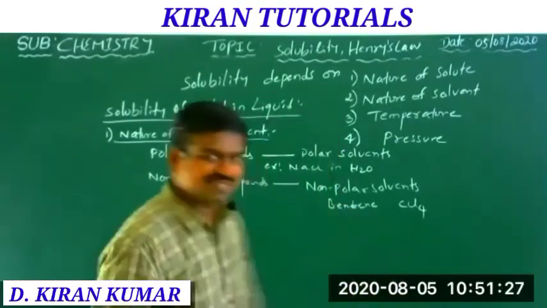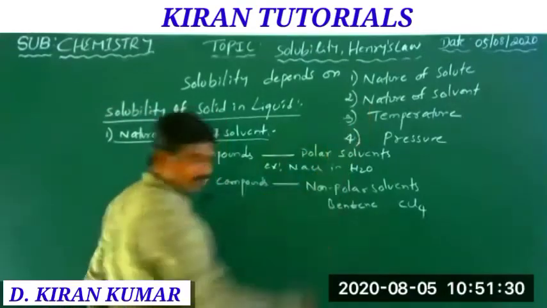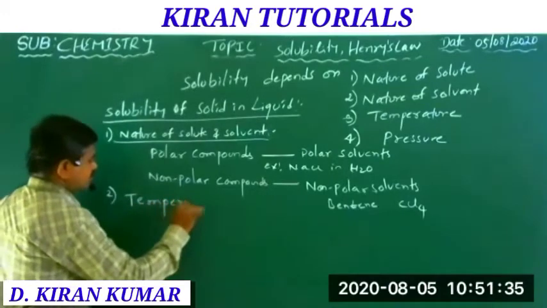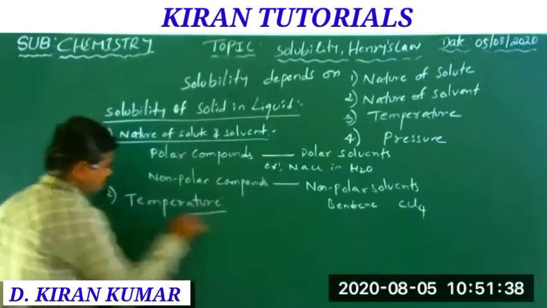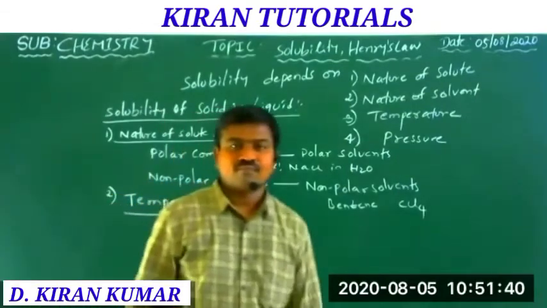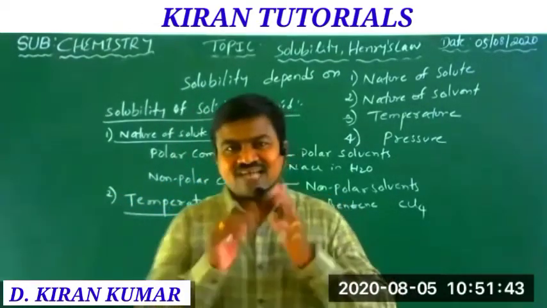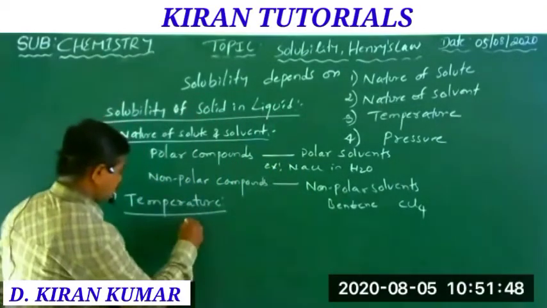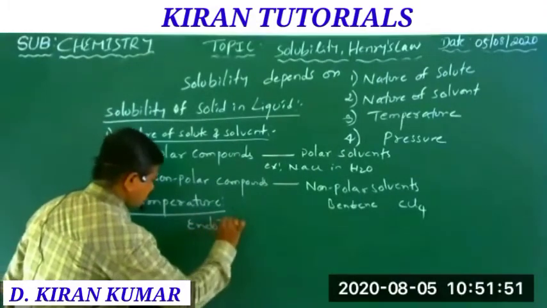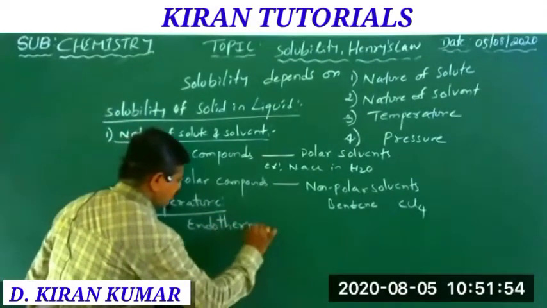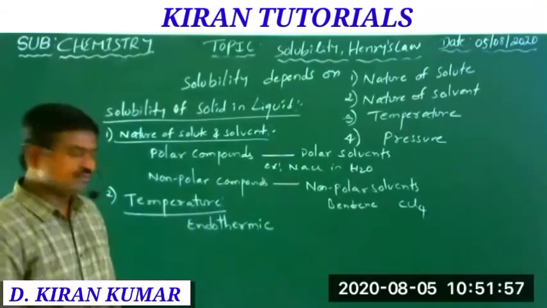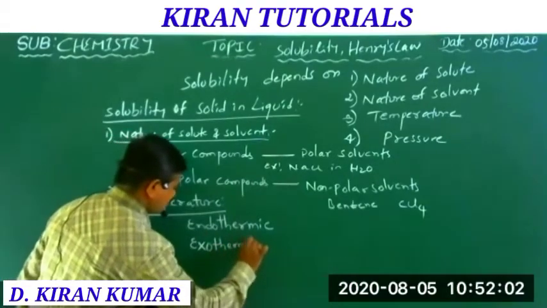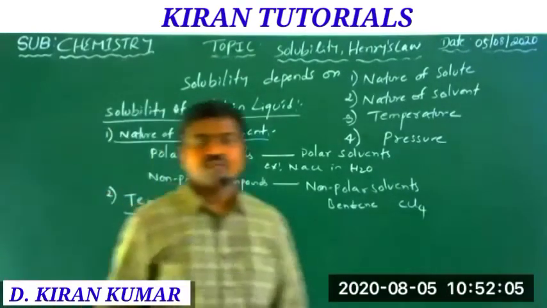Clear? And for the next one, the third factor, temperature. If you observe chemical reactions, there are two kinds of reactions. The first one, endothermic reaction, and the second, exothermic reaction.